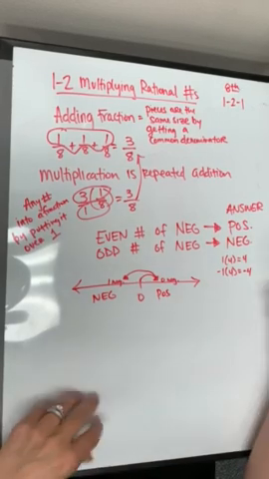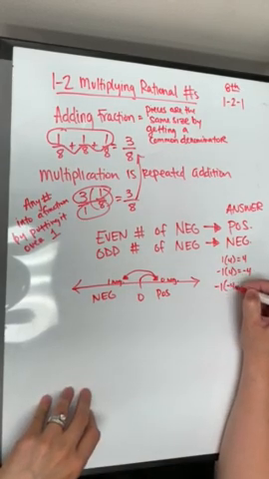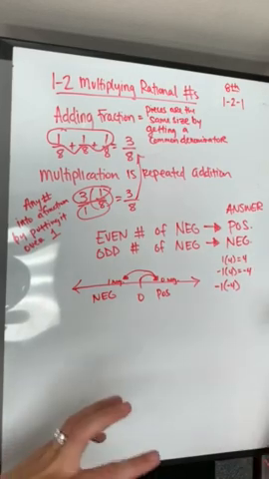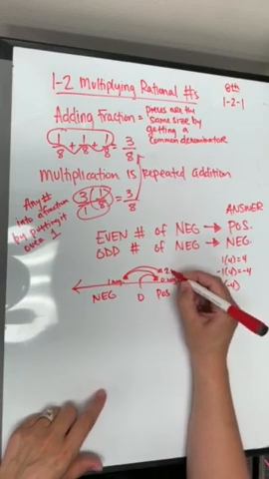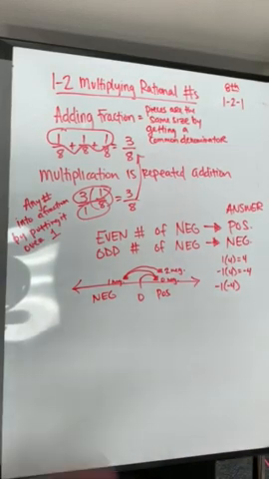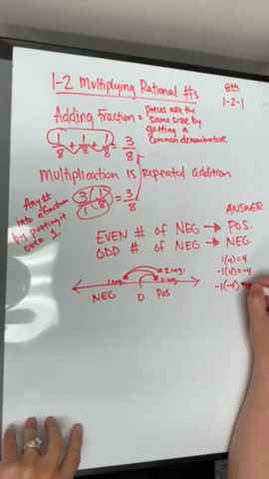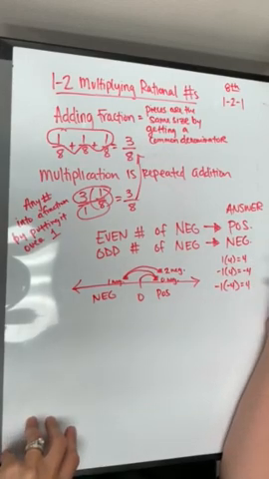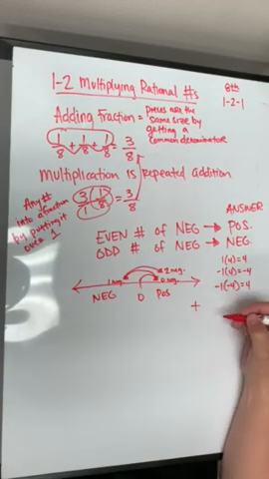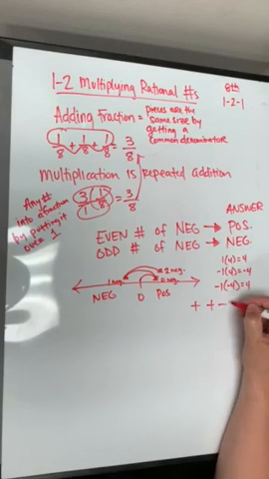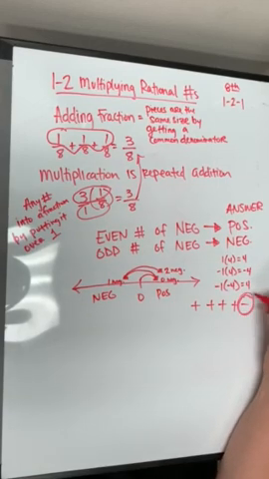Once you add another negative, well, it can no longer be a negative because we've changed it. So now it has to come back over to the positive side, and we have 2 negatives making a positive. Some people will even do something like 1 negative, 2 negatives, 3 negatives, 4, 5, 6, 7, 8, 9 negatives, and whatever one they land on, that's going to be the sign of their answer.